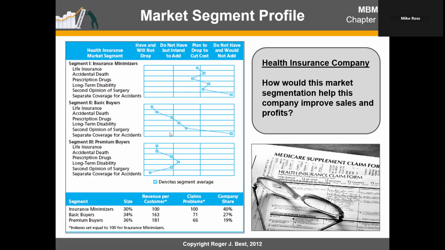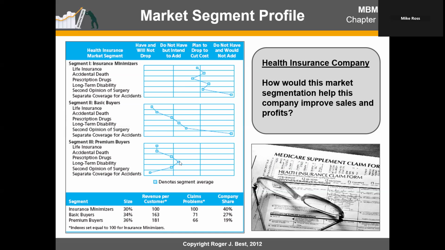And over here on the right hand side, do not have and would not add. If you're a premium buyer of insurance, you're very focused on, and I probably put myself more in this category, or maybe you think about your parents or grandparents: yes, life insurance for sure, accidental death, prescription drugs, that becomes more important as I get older. Long-term disability.